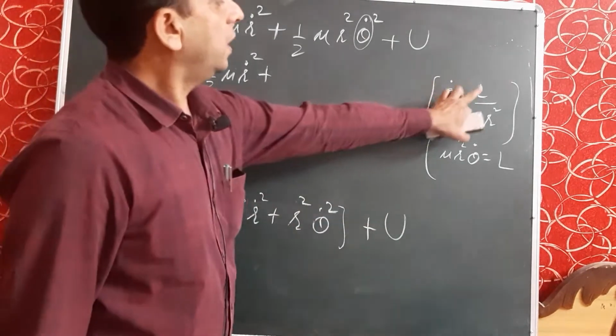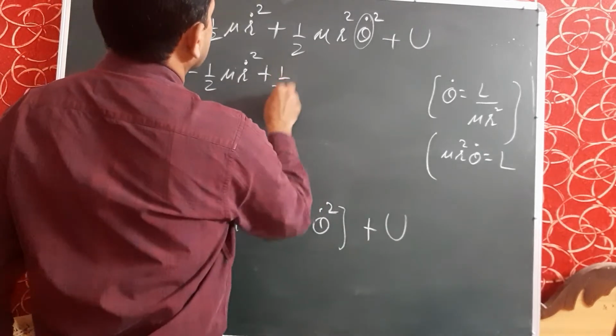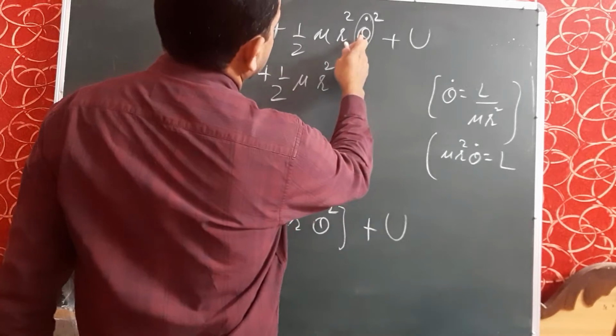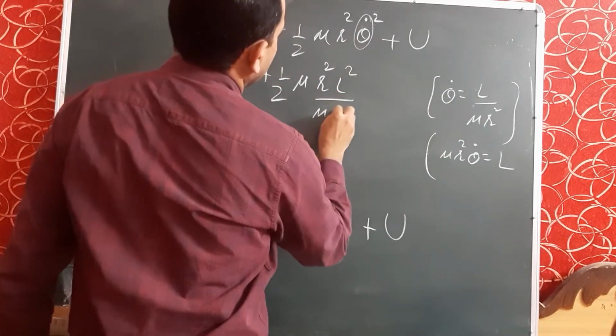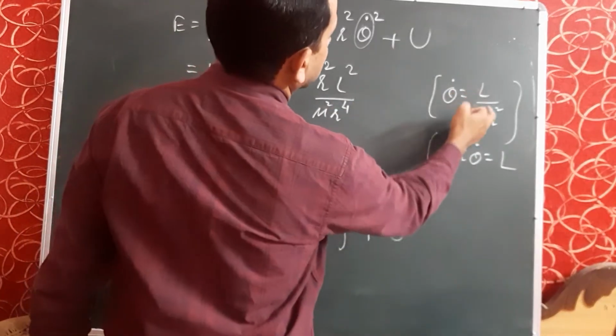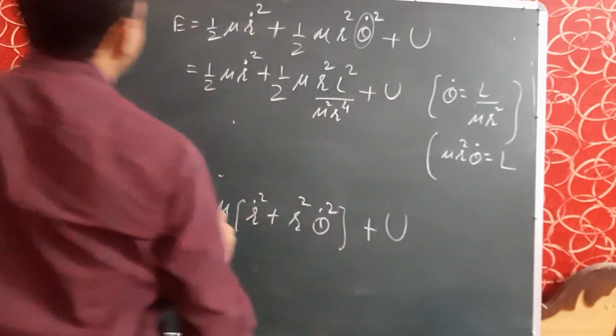So we put the value here: half mu r square into theta dot square, that is L square over mu square r raised to power 4. This is the square of this value, and plus U.